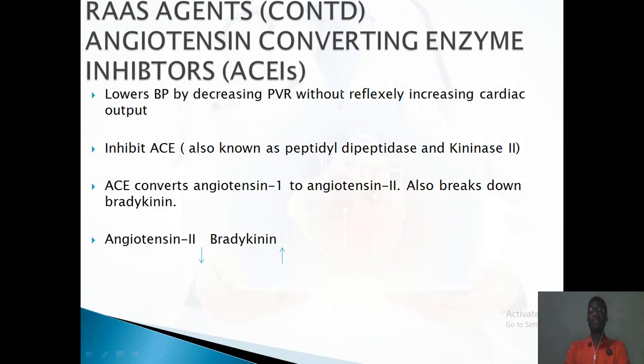These ones are the most popular group of drugs under the RAS agents, and they are so popularly asked in theories and MCQs. I don't know why lecturers love them, but they are popularly used too in clinical practice. You have lisinopril, captopril, and enalapril.